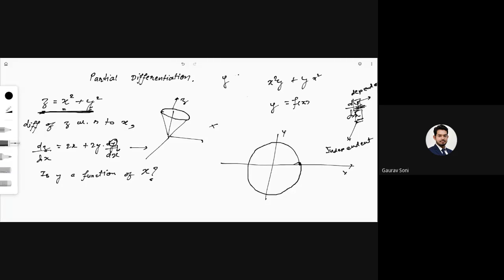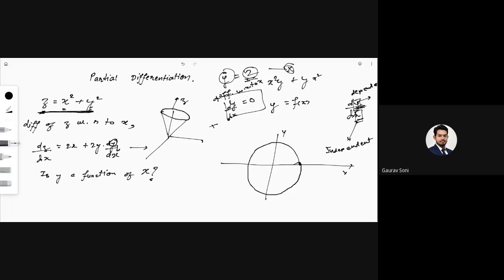Say if y is equal to 2, differentiate with respect to x. What will be the answer? 0. So why is it 0? Because the value of y does not depend on x.